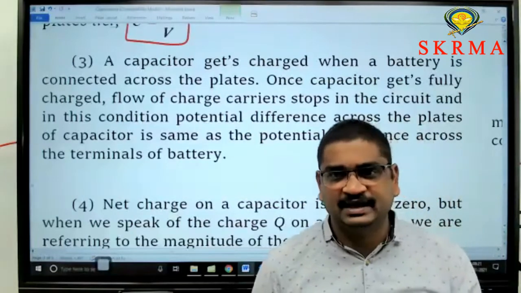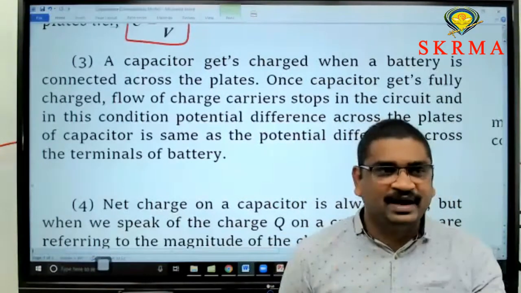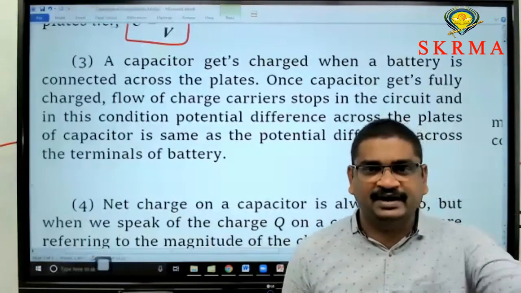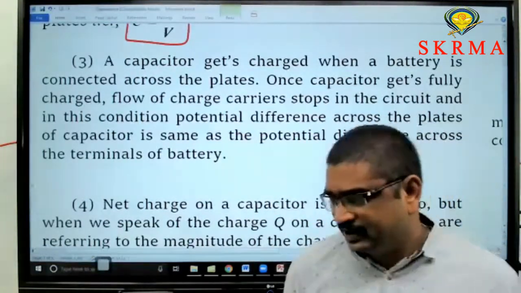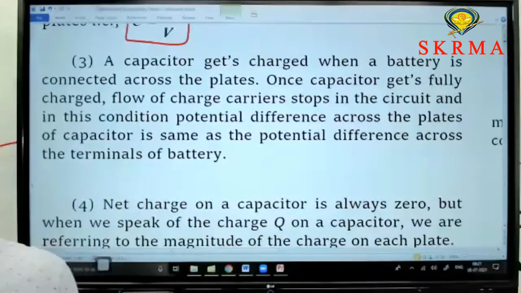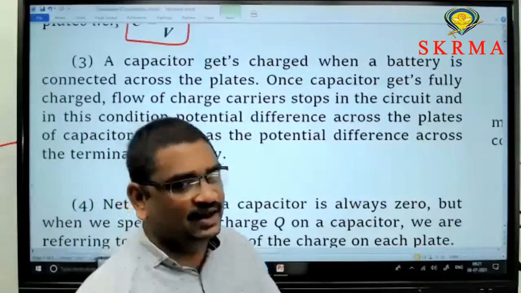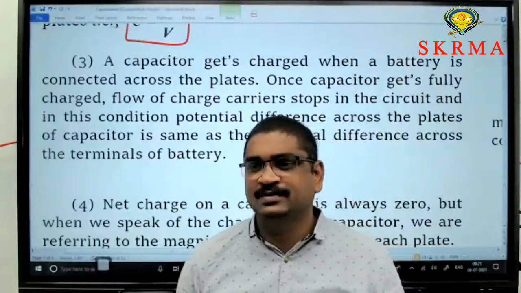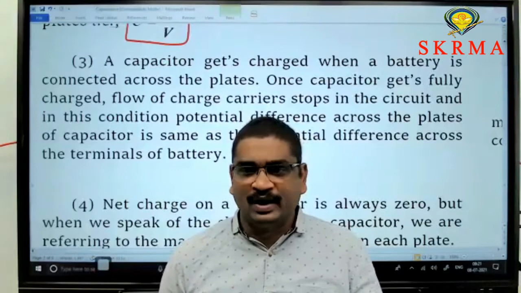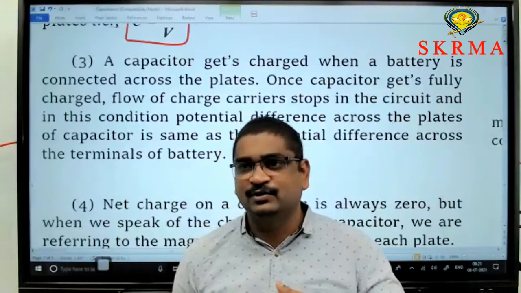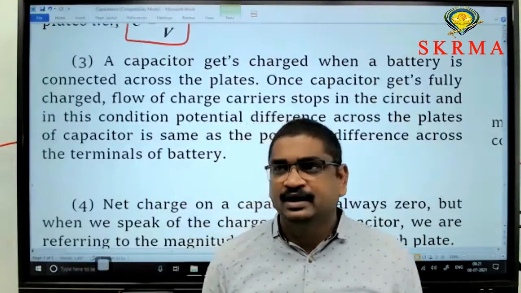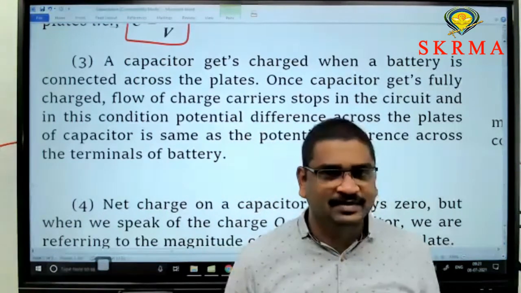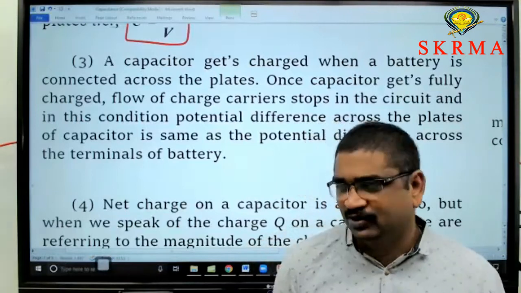Simply put, the total potential of the battery appears across the capacitor only.